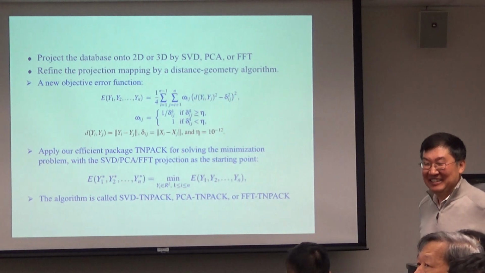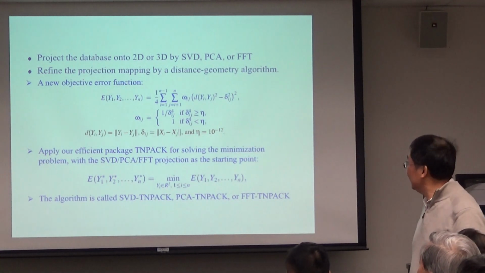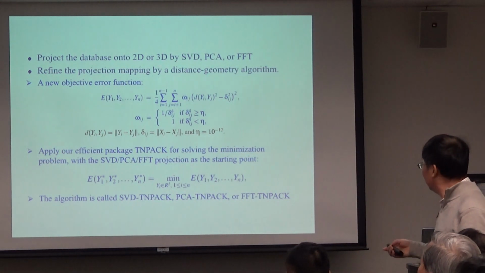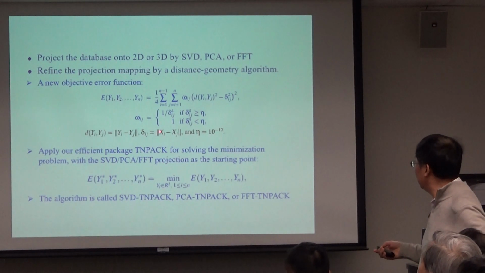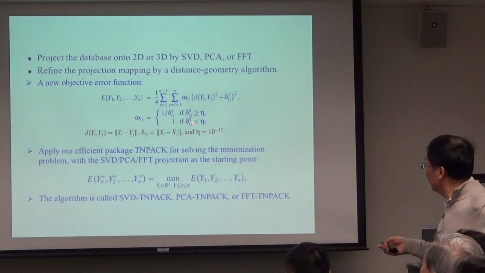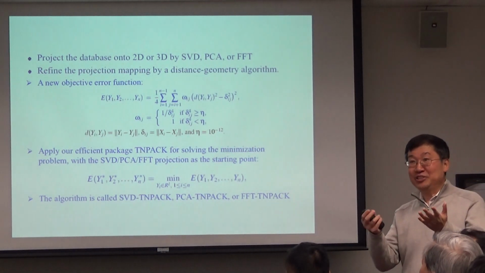If I look at this, delta ij depends on the distance between xi and xj. So I suppose the x are high dimensional vectors. For your algorithm, don't you still need to know delta ij first? Yes, it has to be given, because that's the whole story.